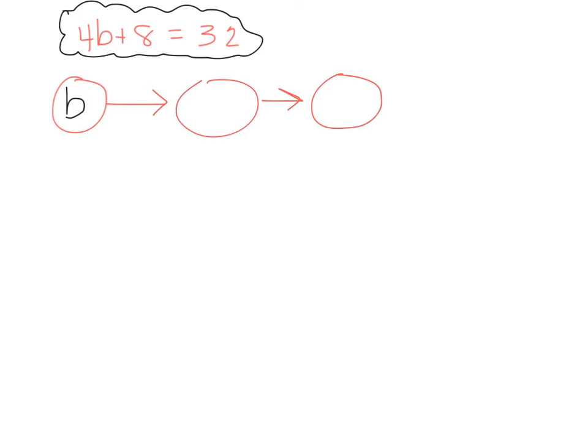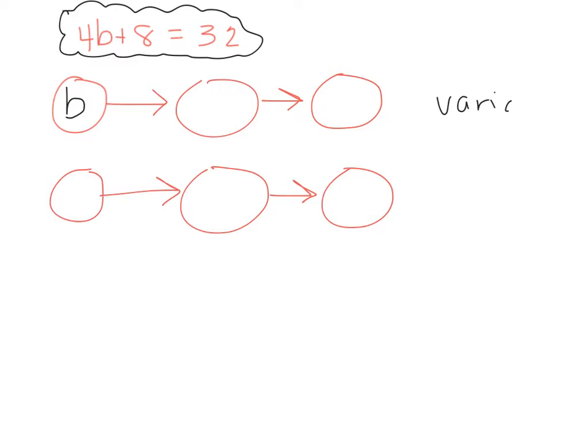In this case, it's b. Actually, hold on. We're going to do 2 flowcharts here: 1 with the variables, and 1 with numbers. Both these flowcharts are equal.